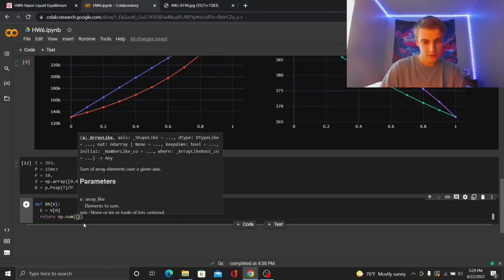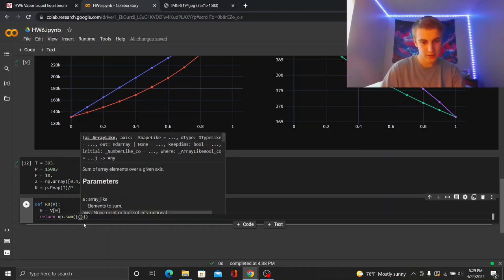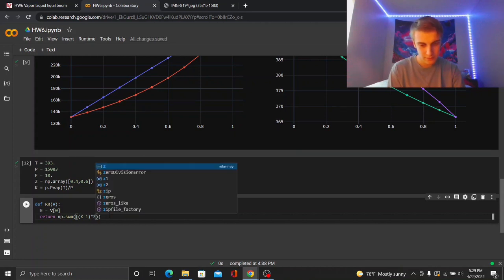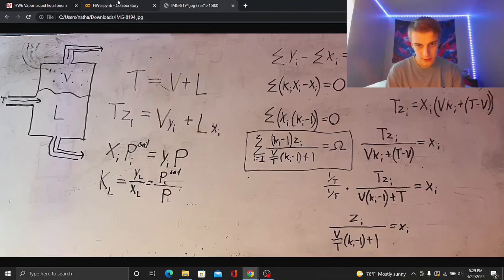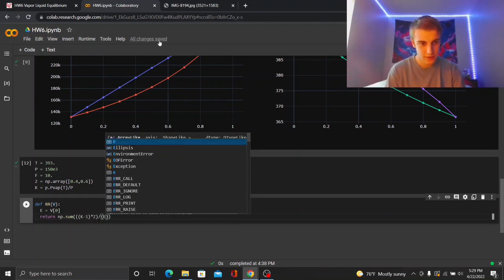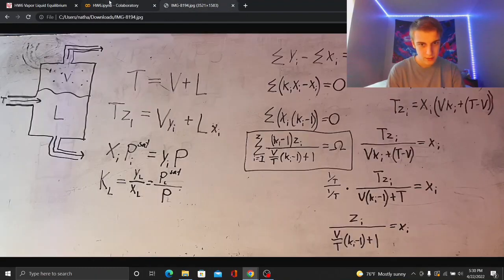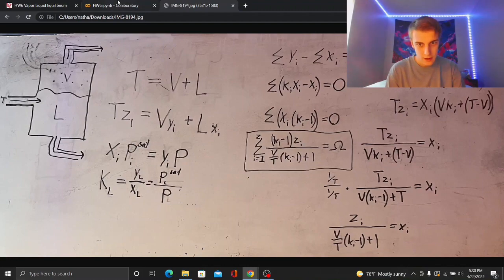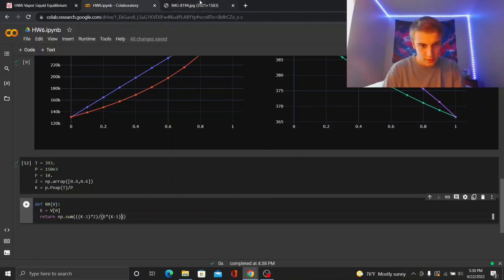and I'm just going to put a lot of parentheses here just to make sure I don't mess this up. So it's K minus 1 times our Z, and then all of that over, and our V over T is what we're signifying here with E. So that'll be over E times K minus 1 minus 1 and then plus 1.